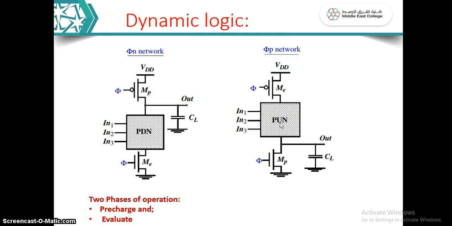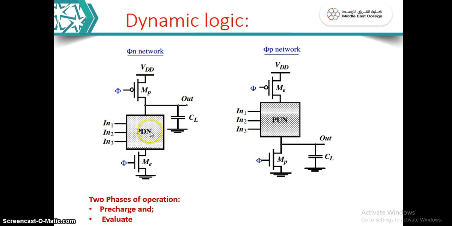For a PMOS network you will take the output from the drain part, that will be down. For a PMOS, drain is down and source is up. So your output you will take from here, and here also with the two additional transistors. One is the header transistor, that is a PMOS transistor, and another is the footer transistor, that is an NMOS transistor, both run by the same clock. So this is what dynamic logic we are implementing.